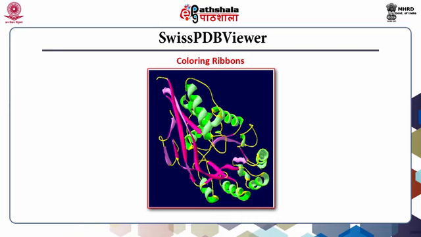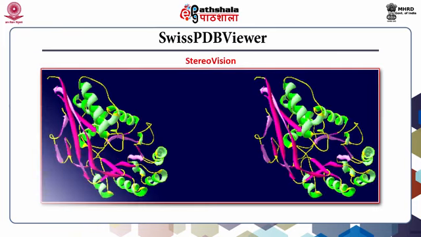The actual 3D display is viewed in stereo vision. Open the display menu, select stereo view or press Ctrl and T. This will display two images of the same molecule. Left image is for the left eye and the right image is for the right eye.